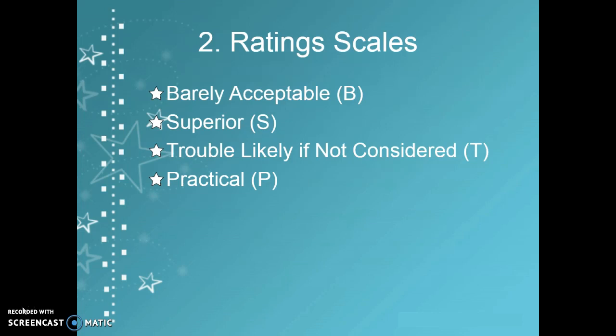In the trouble not likely if not considered scale, breathing is safe to ignore. It's not going to need to be tested on an examination for new hires. On the practical scale, if breathing was one of the things required, then we would expect to fill all requirements or all openings after screening for it.